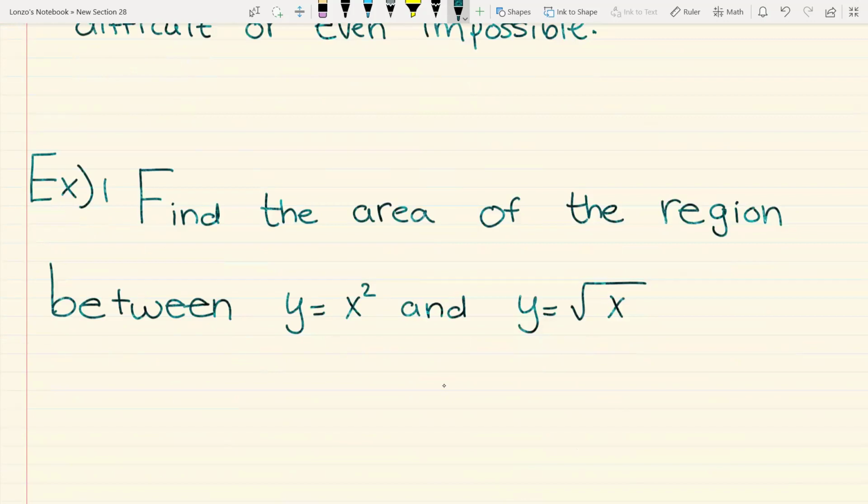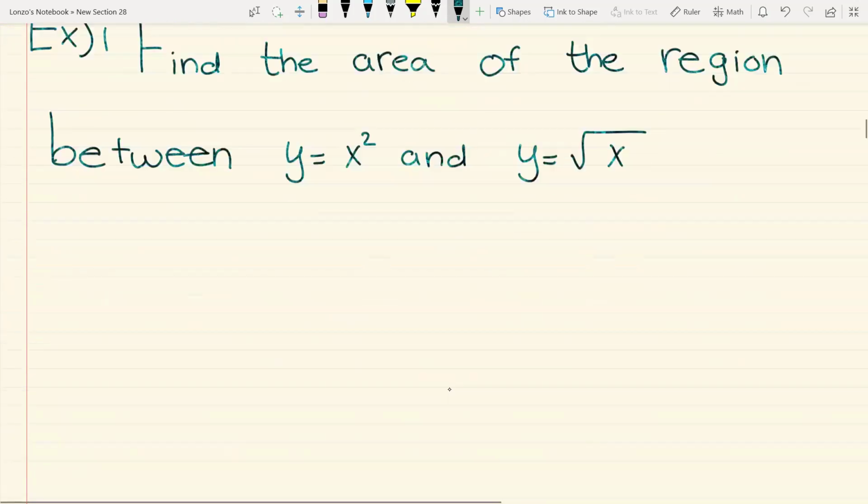Okay, so let's look at example one. Find the area of the region between the function y equals x squared and y equals the square root of x. What we have to do is see that everything is in terms of x. This is in x and this is in x, so we're going to put everything in terms of x.